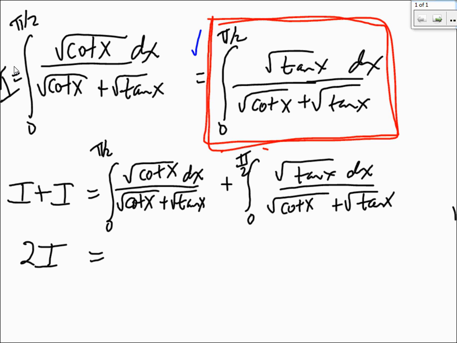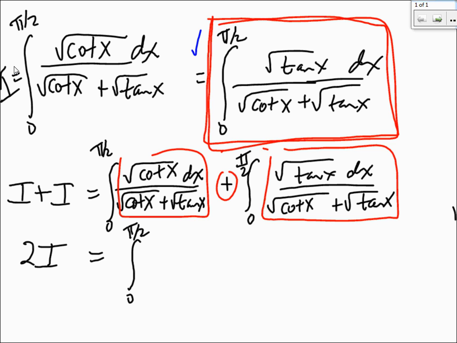What happens here is nice, because both integrals have the same limits from 0 to pi over 2. So I can write them as one single integral by adding them and integrating from 0 to pi over 2. Now I notice that when I add these two, they both have the same denominator.